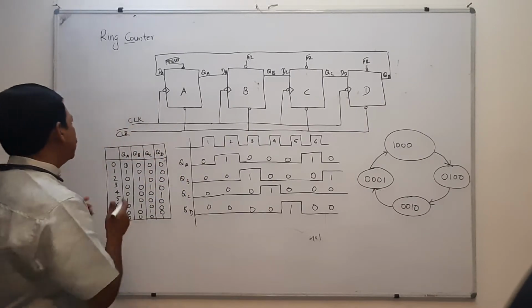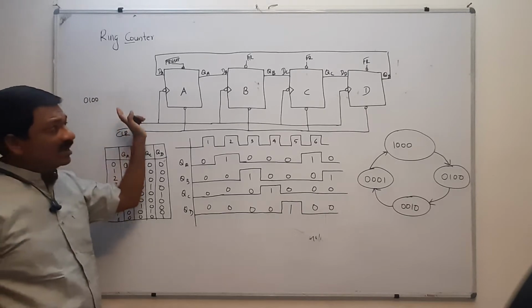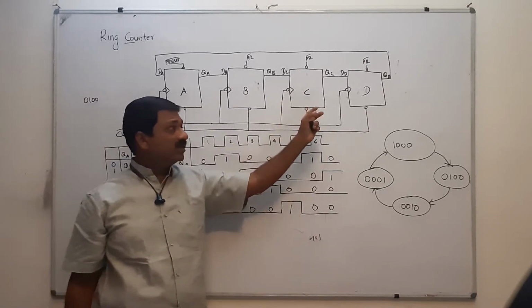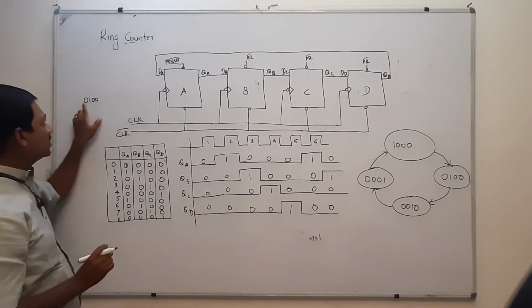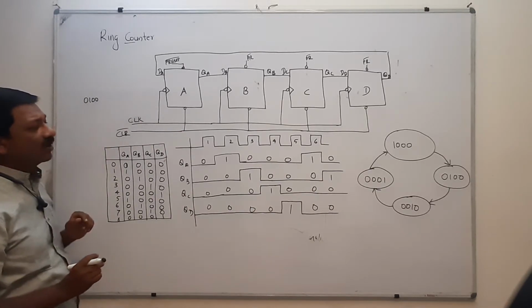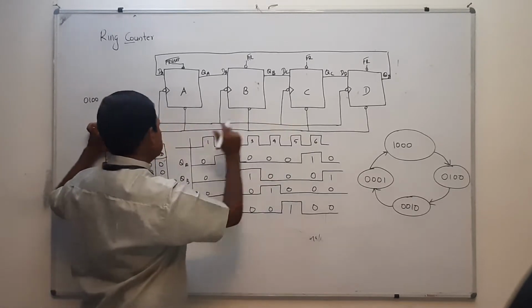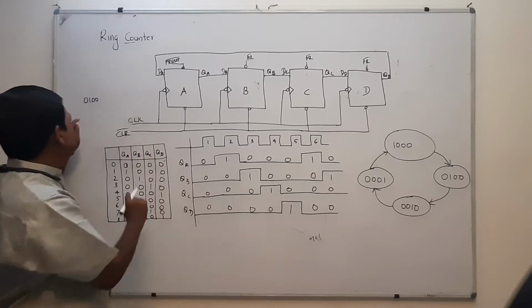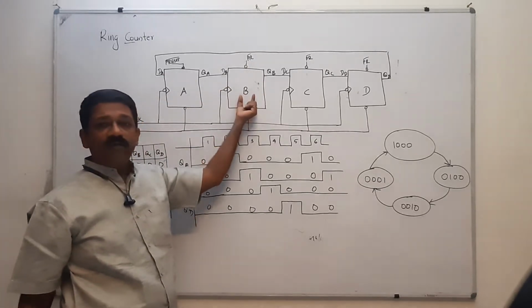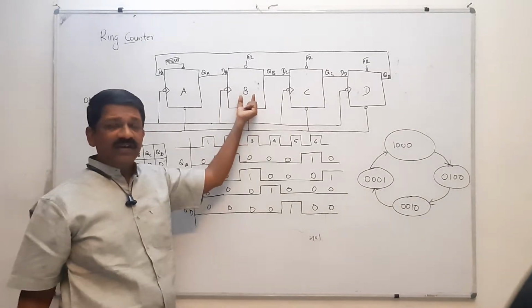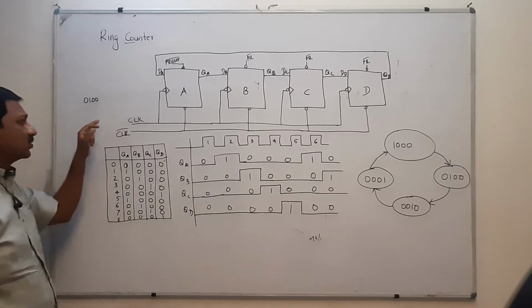After that, if you want to set, say, 0, 1, 0, 0, initially you clear the flip-flops using the clear signal, and after that the PR bar of the second flip-flop is activated, and the content will become 0, 1, 0, 0.